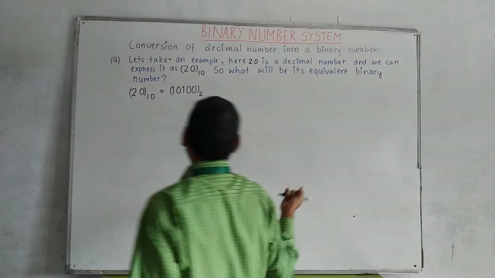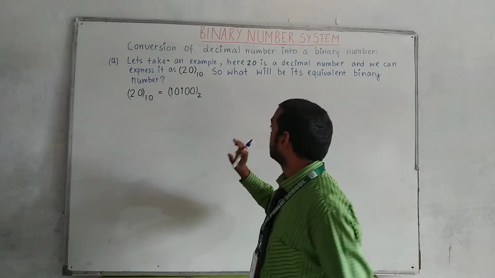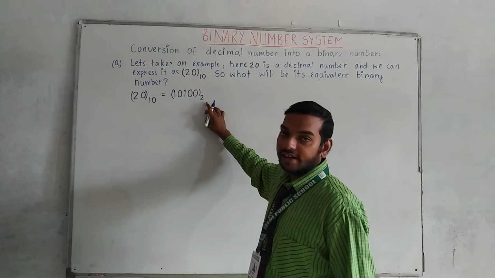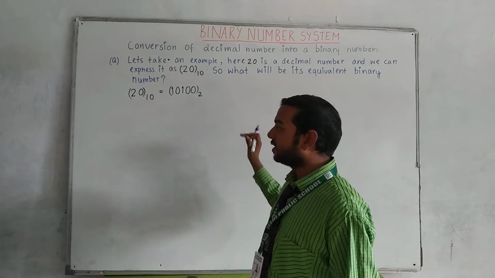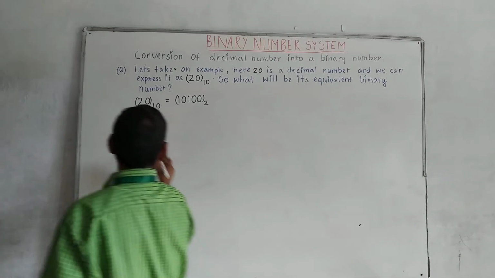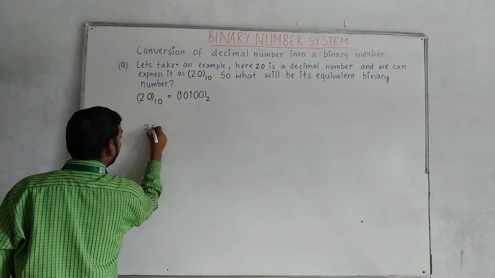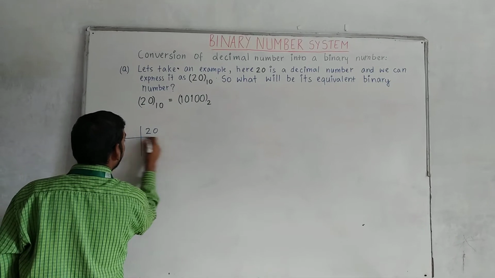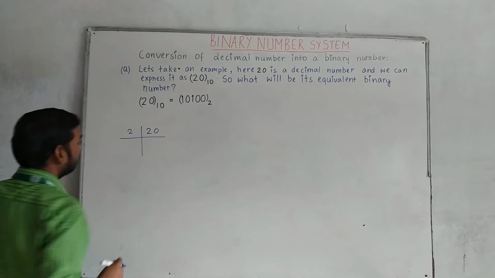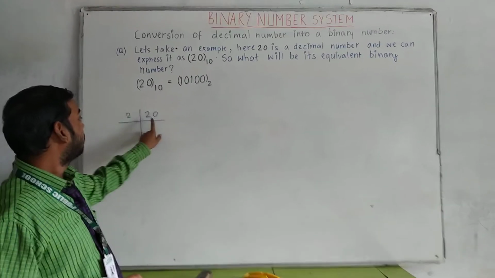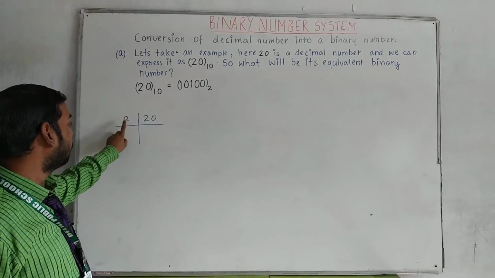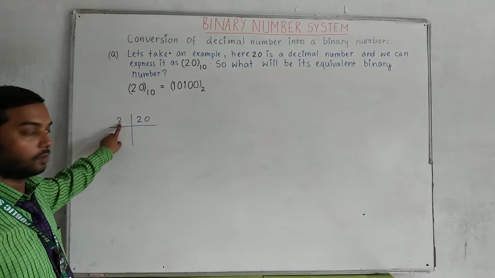As the base of a binary number is 2, we divide the decimal number 20 by the base 2. We are dividing the decimal number 20 with the base of the binary number, that is 2.